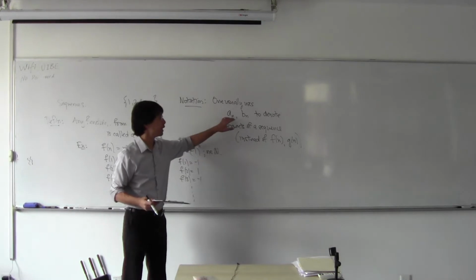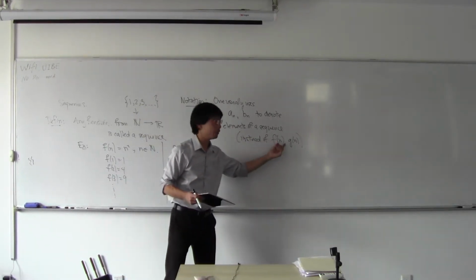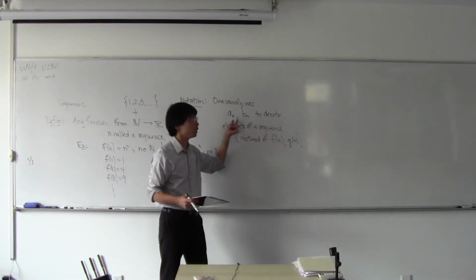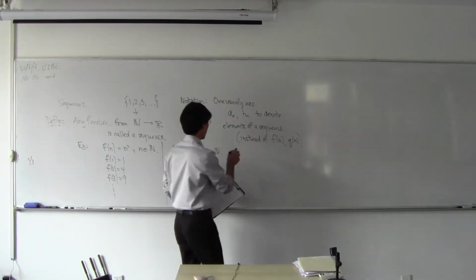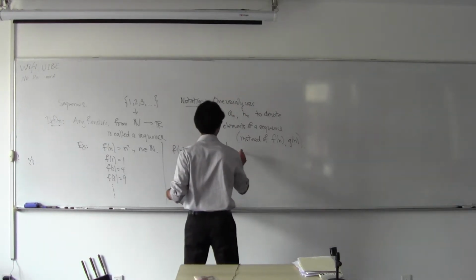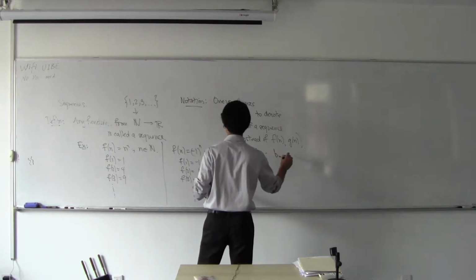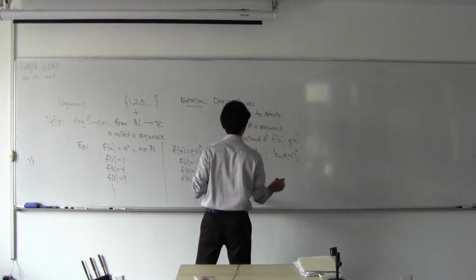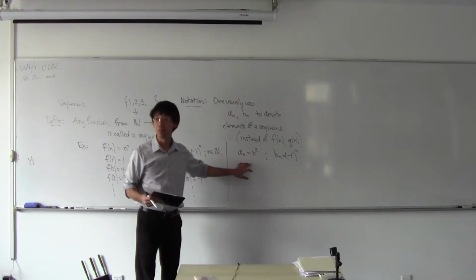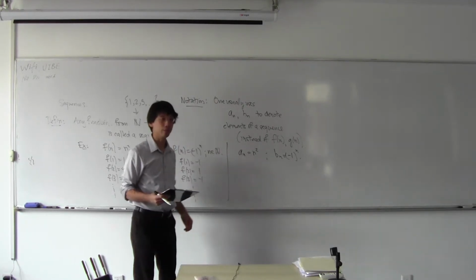Instead of writing f evaluated at n, you just write f sub n. So over here we would write a sub n is n squared, b sub n is (-1)^n. That's the more typical notation for sequences.